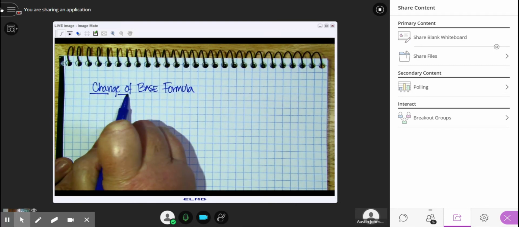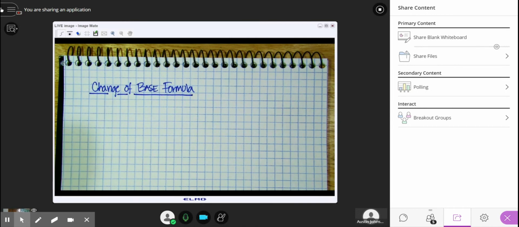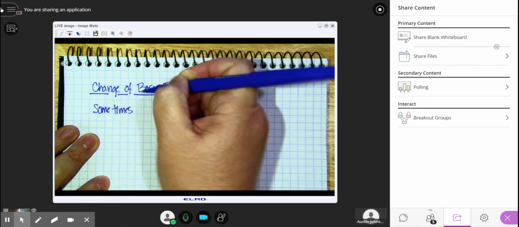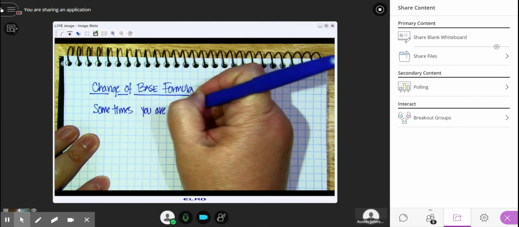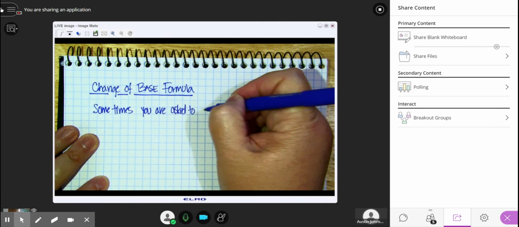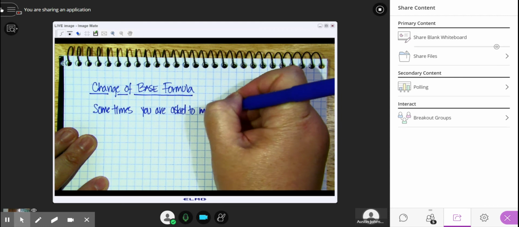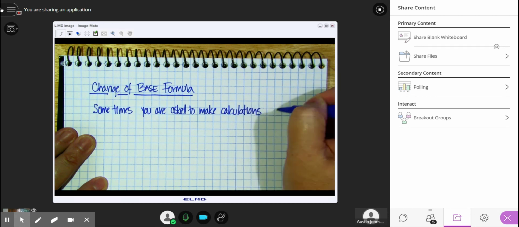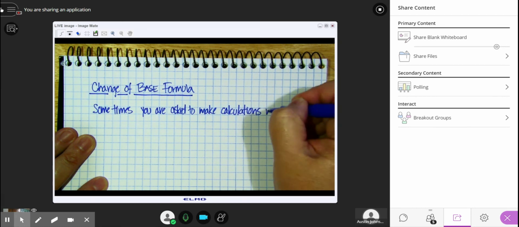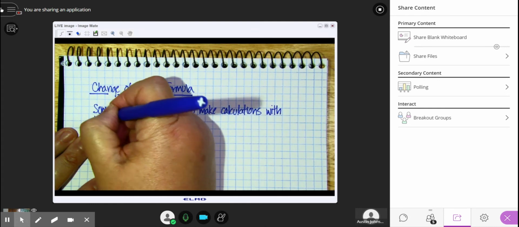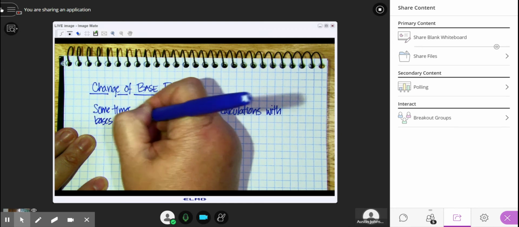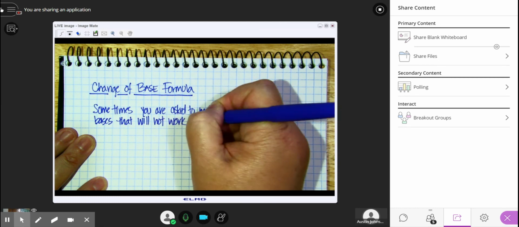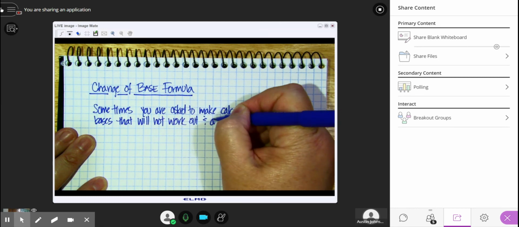Okay, second thing for today is the change of base formula. Sometimes you're going to be asked to make calculations with bases that will not work out well and are not on your calculator.